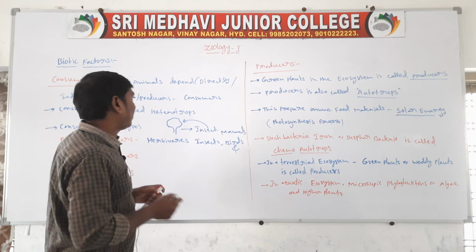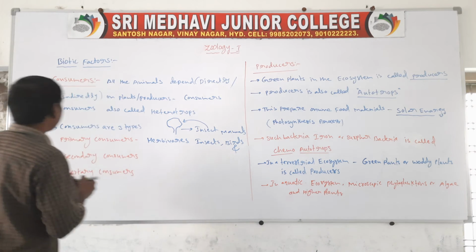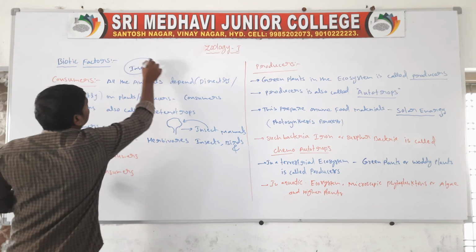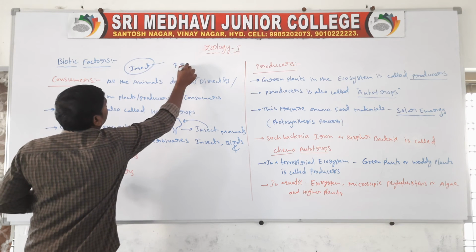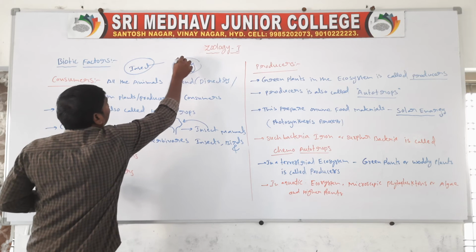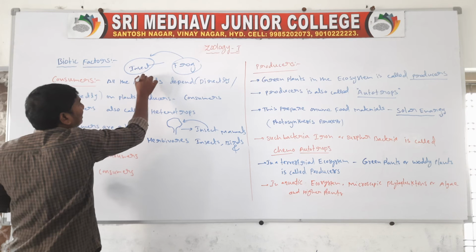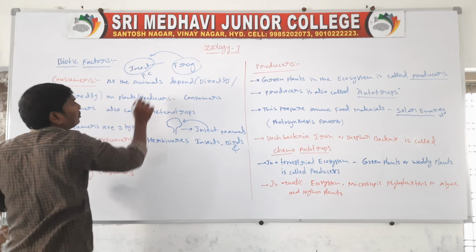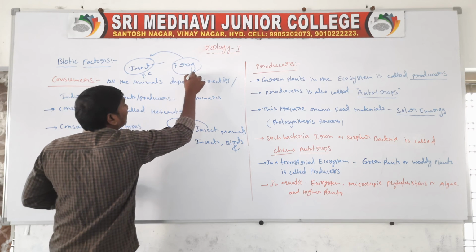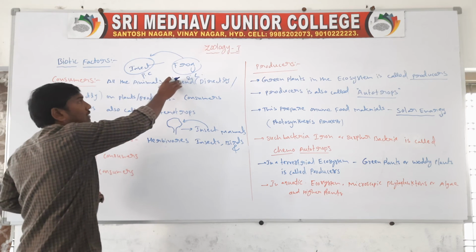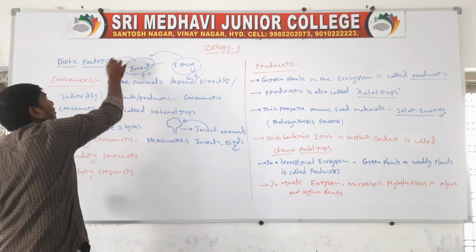The frog eats the insect. So the insect is called the primary consumer, and the frog is called the secondary consumer.